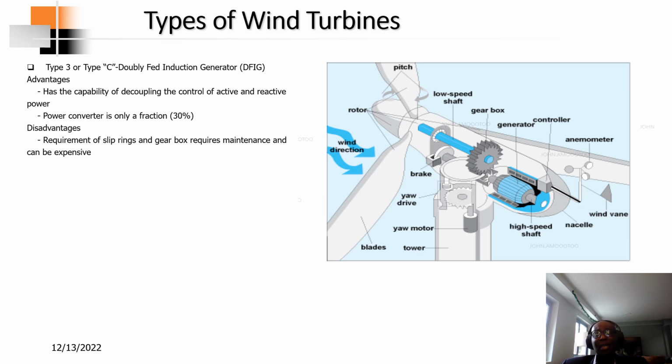So actually, that is the drawback why the type 3 cannot be used at offshore facilities, because that is a very, very remote facility, and because of the sea salt, it can result in a lot of deposits on this gearbox system and slip rings, which can require a lot of maintenance and also breakdown of this wind turbine. As such, the type 3 is mostly used in onshore facilities.